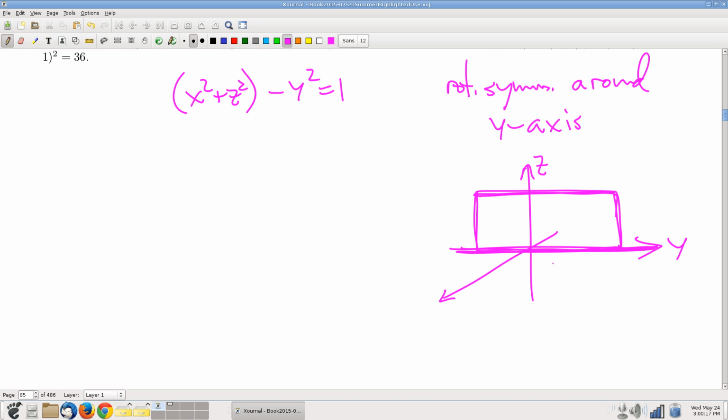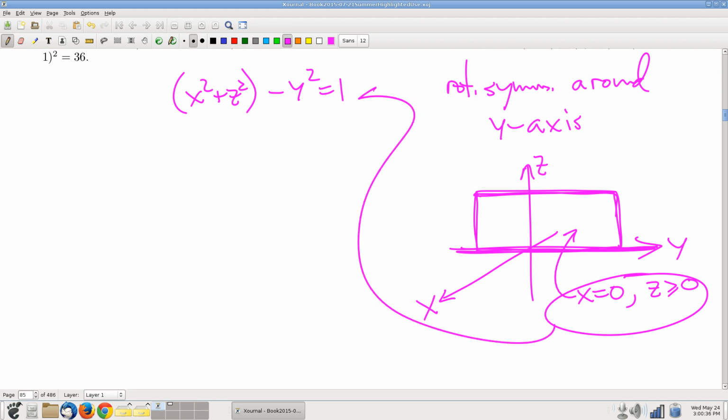Yes. Okay. All right, now algebraically, how do we describe this half plane? Well, that's where x is equal to 0, and I need z to be greater than or equal to 0. So I'm going to take this, put it into there, and see what happens.